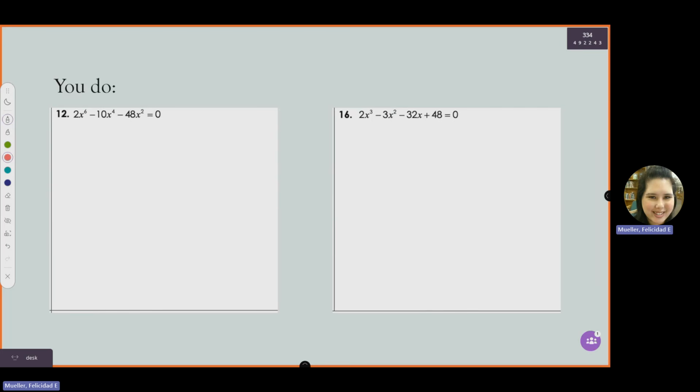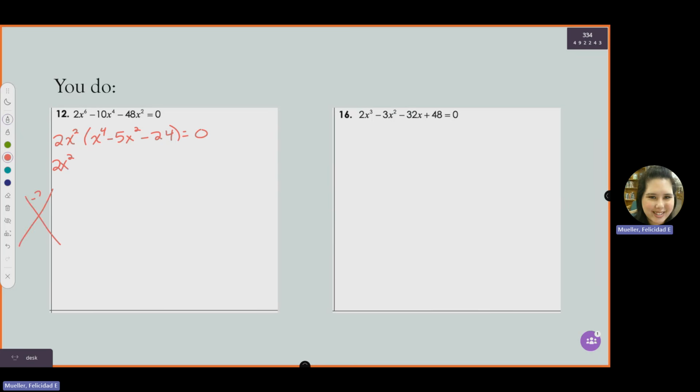On 12, there's nothing to combine. All I can do is go ahead and start factoring out. So I see they are all even. They're all divisible by 2. And they all have an x squared, so I can factor out an x squared. So this will give us x to the 4th minus 5x squared minus 24 equals 0. We're always going to keep that GCF in the front.